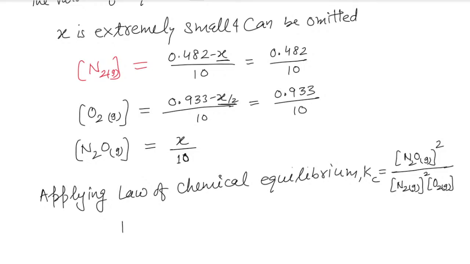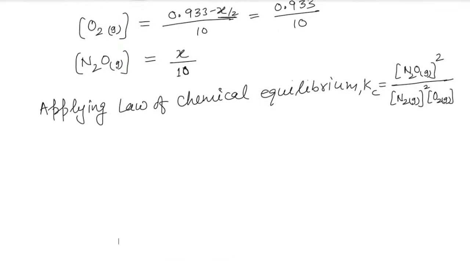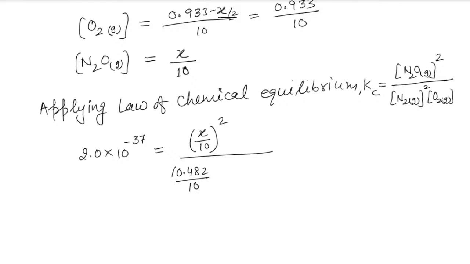Okay. So, in this way, these are the values at equilibrium. Okay. So, you know, Kc is 2.0 into 10 raised to power minus 37, that is equal to N2O x by 10 raised to power 2 divided by 0.482 divided by 10 raised to power 2, 0.933 divided by 10 raised to power 1.